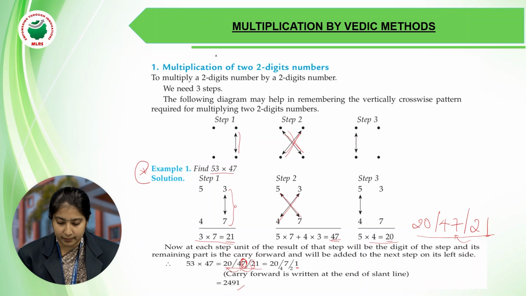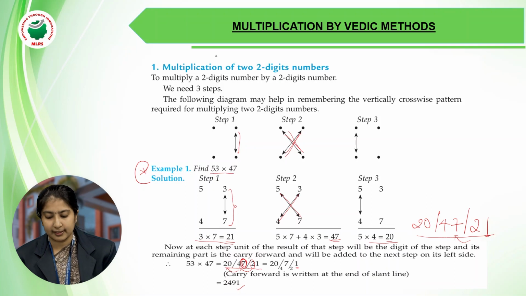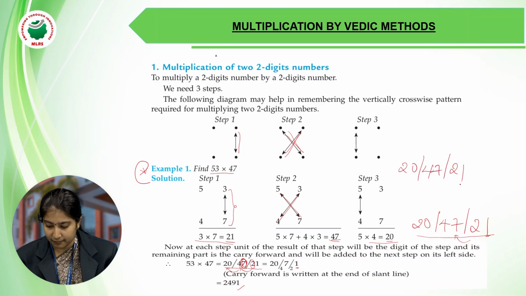In this, to review, we have 3 steps. The first step starts with the right side of the multiplication, then crisscross multiplication, then left side multiplication. After doing the 3 multiplications, you put the step 3 number first, then the step 2 number, then the step 1 number.